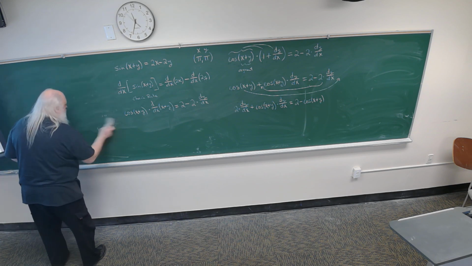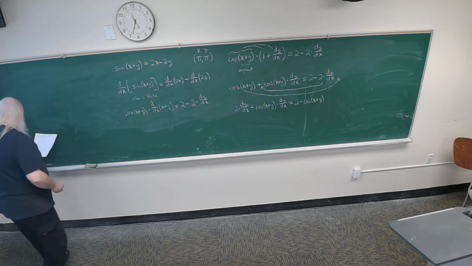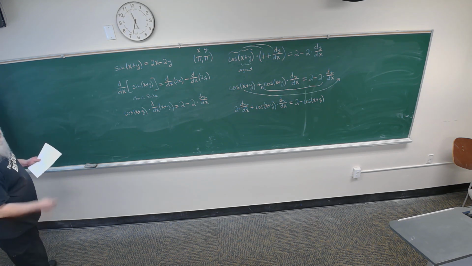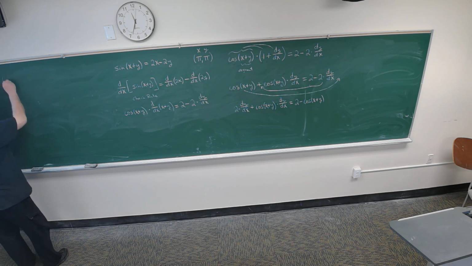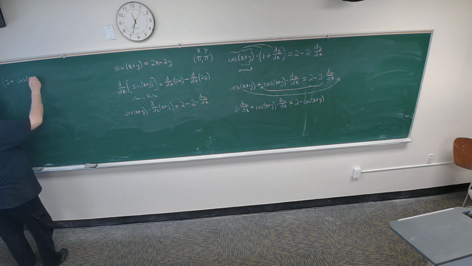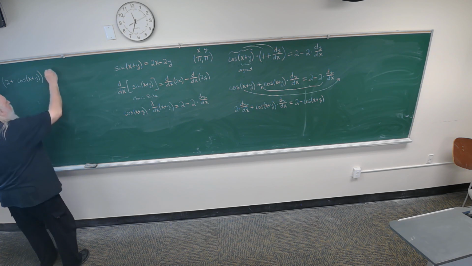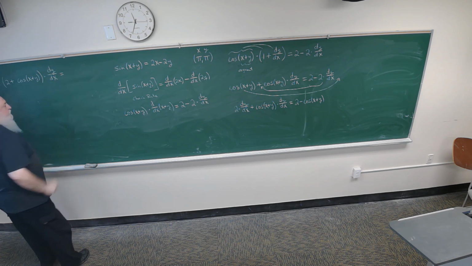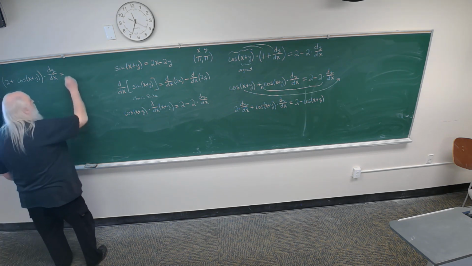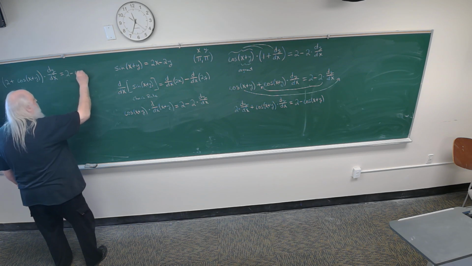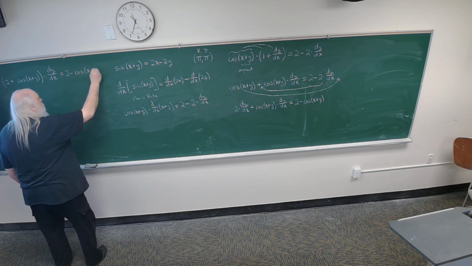And then when we factor out the dy over dx, what we have left in parentheses is 2 plus the cosine of x plus y, times the derivative of y with respect to x, is equal to 2 minus, on the right hand side, 2 minus the cosine of x plus y.